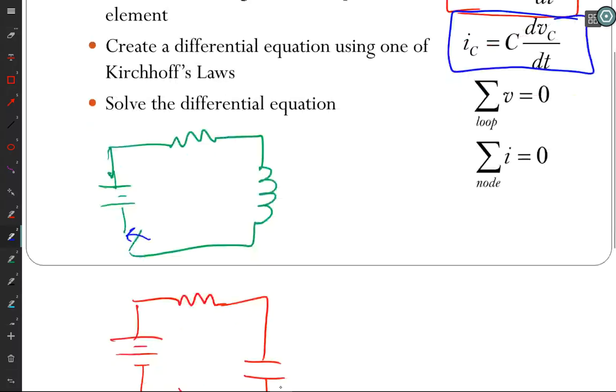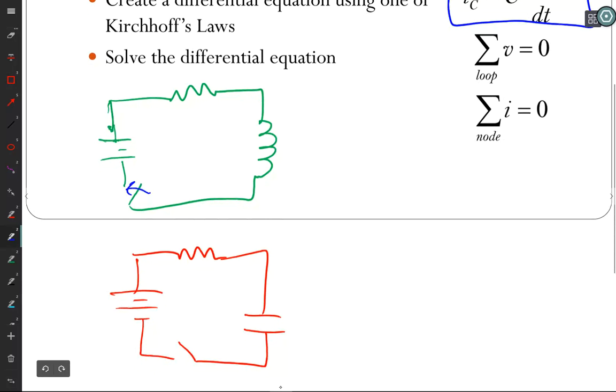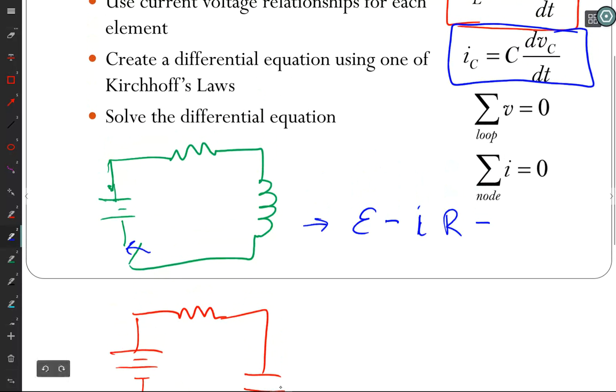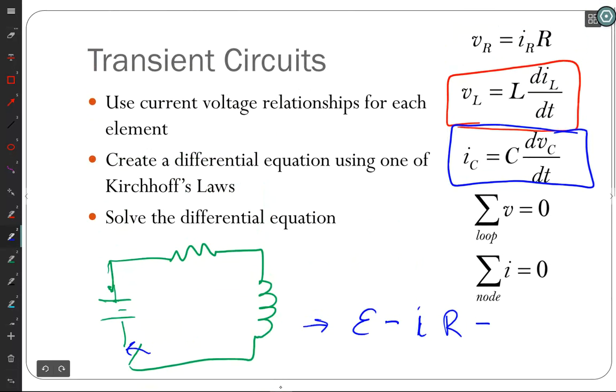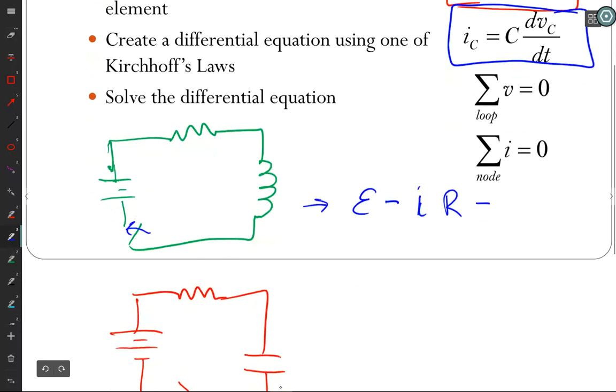So as an example, for this circuit right here, I could say, okay, guys, V_L is L di/dt. I have an equation like that.